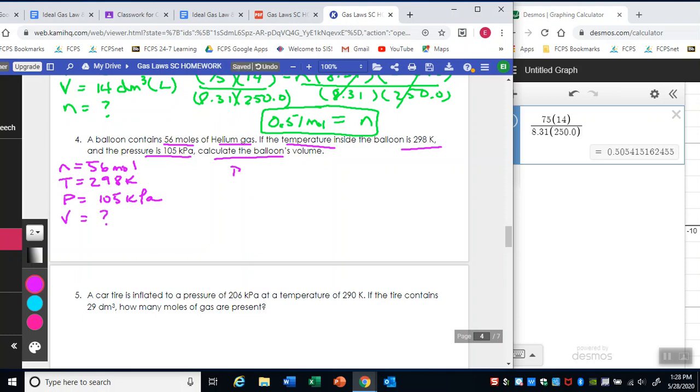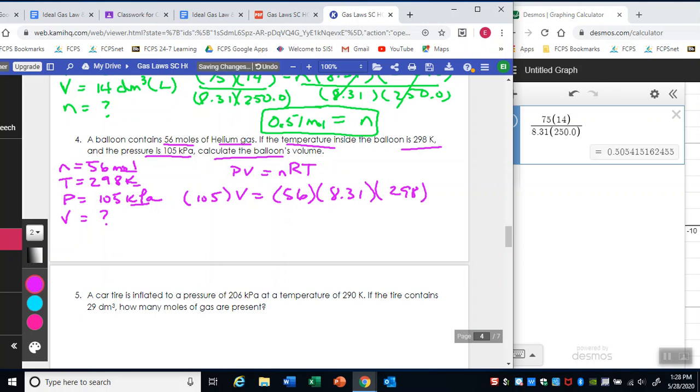Okay, so I've got pressure times volume equals the number of moles times the constant times temperature. Write my equation and then substitute. So pressure is 105. Volume, I do not know. Number of moles is 56. The constant, according to these units, would be 8.31. And the temperature is 298.